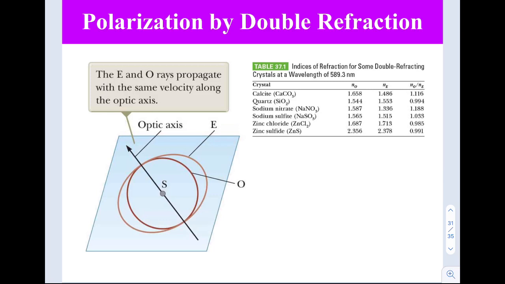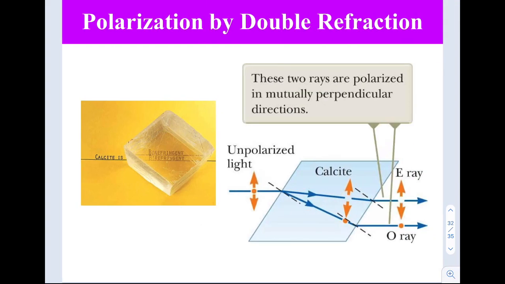If the light enters a birefringent material from an arbitrary direction, the different indices of refraction will cause the two polarized rays to split and travel in different directions as shown in the figure just now. So Table 37.1 here lists down for us the NO and NE and the ratio of it for different types of material.